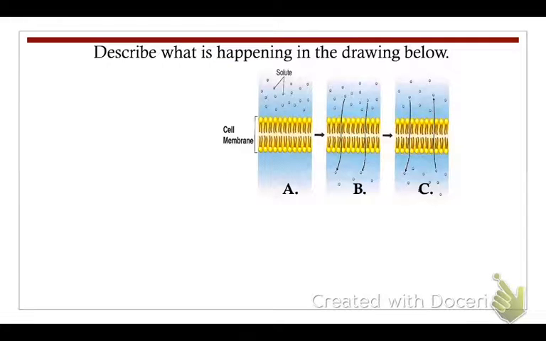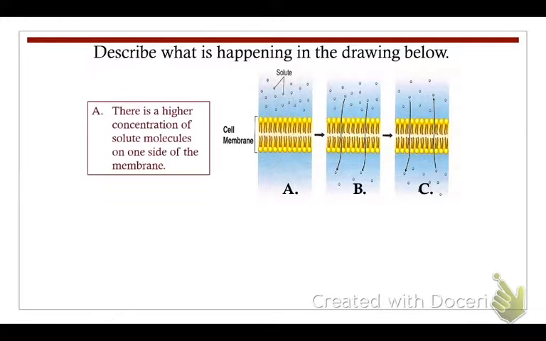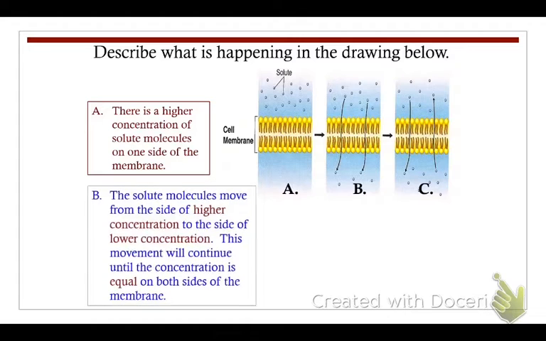All right, so let's look at these sequence of pictures and describe what is happening below. So in letter A, obviously, there is a higher concentration on the top half, right? What's happening in picture B? It's even, or they're going down. Excellent. It's going down the concentration gradient. Very good.